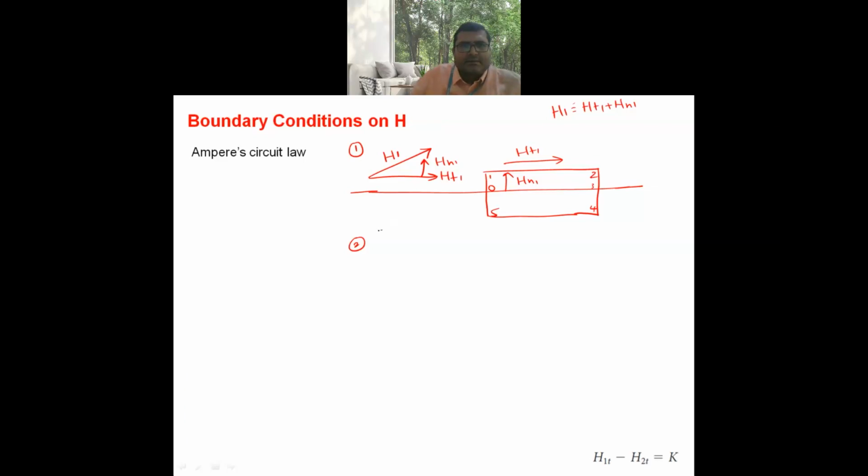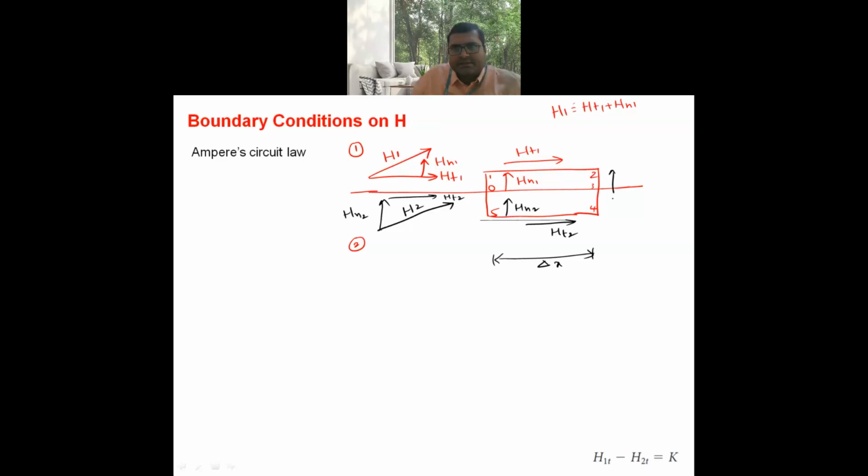Now consider the magnetic field intensity in medium 2. It is H2. Its normal component is HN2 and its tangential component is HT2. It is the direction of HT2 and it is the direction of HN2. And along the tangential direction, the length of the rectangular loop is delta x.